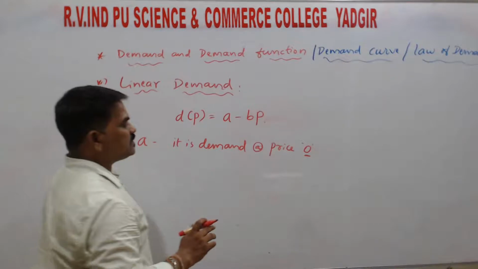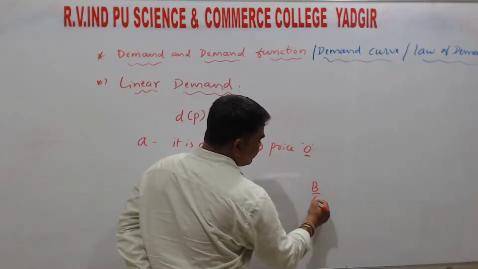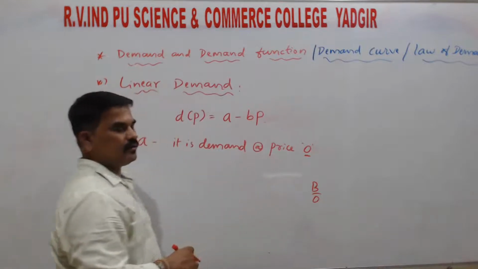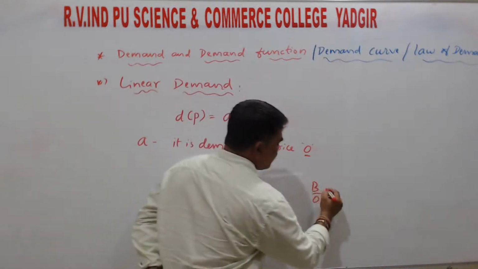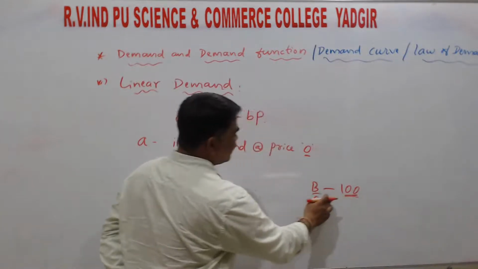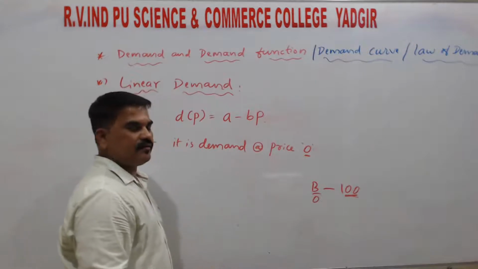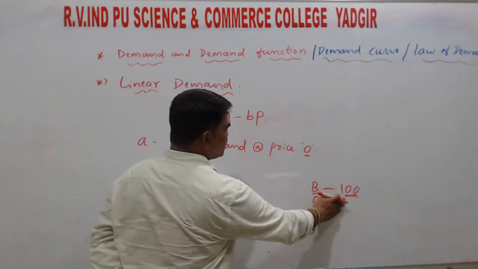Now, suppose the banana price is 0, what is the demand for this banana? Suppose we can say 100. This 100 at the 0 price of the banana, as I said, we are assuming here. These are all assumptions.